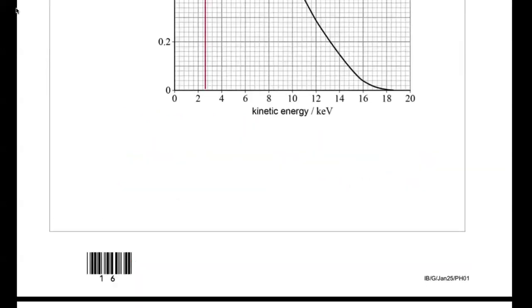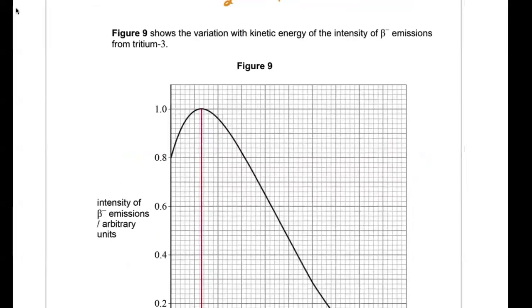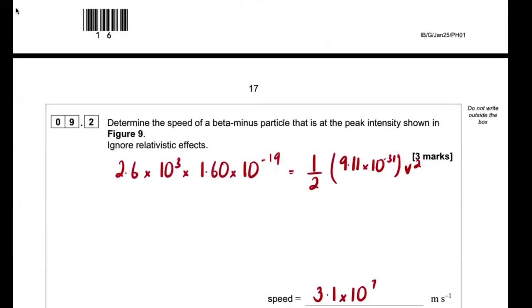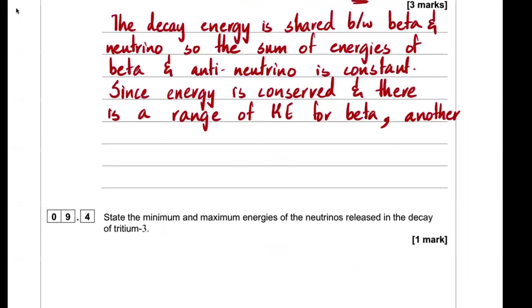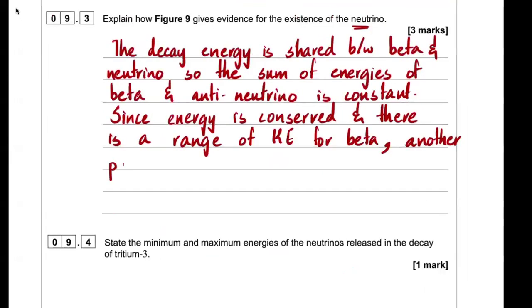So this is beta negative, right? Yeah, so it's an anti-neutrino. So since there is beta negative, another particle must be taking some energy as well.